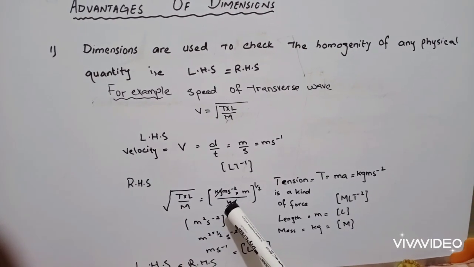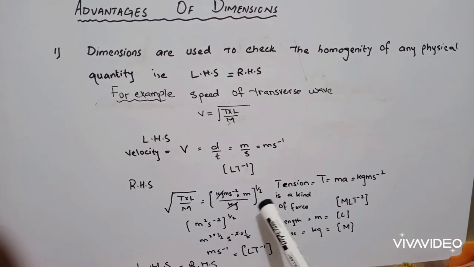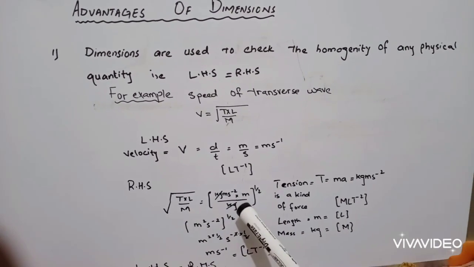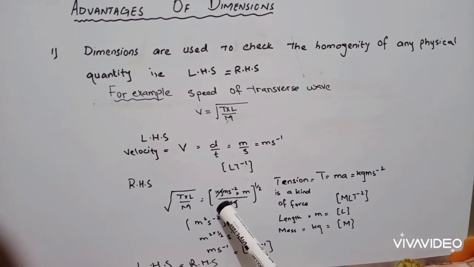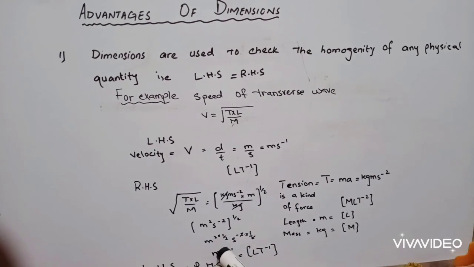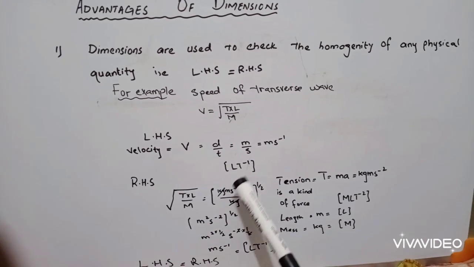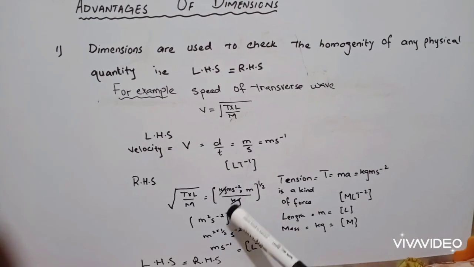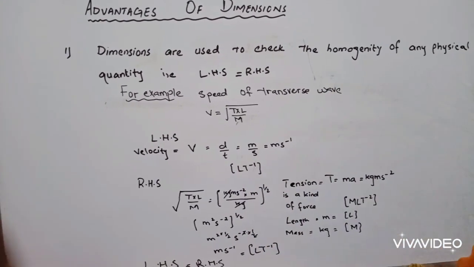I replace the base units of that physical quantity which is in the under root, I just resolve it into their base units. Just simplify that and you get the answer. So in this equation we have concluded that left hand side and the right hand side both are equal dimensionally. It means this equation is valid and it is dimensionally consistent.